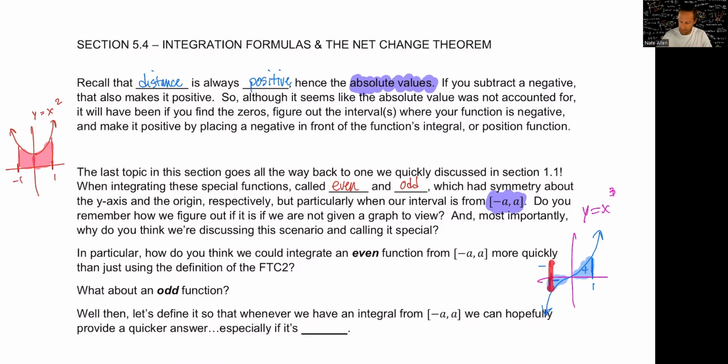And because these are the same values, and this is an odd function, you're going to end up getting the exact same area here as you are here, but because one's above the x-axis and one's below, they will be the exact same values but opposite signs, which means what would our integral for an odd function from -a to a always be?